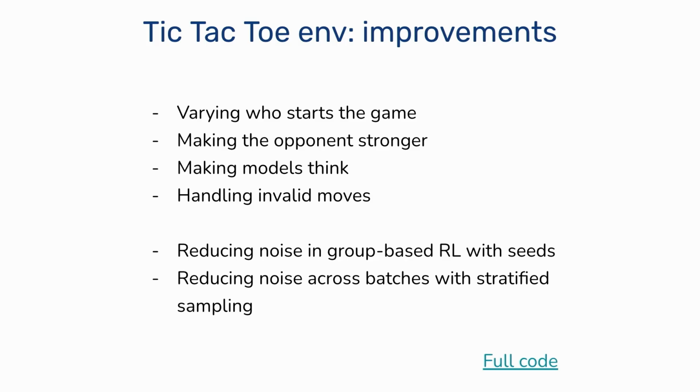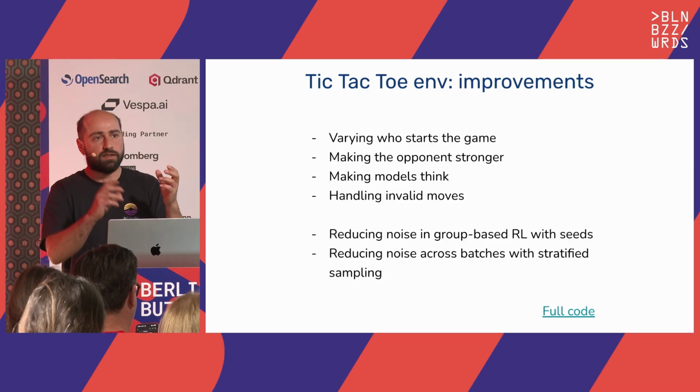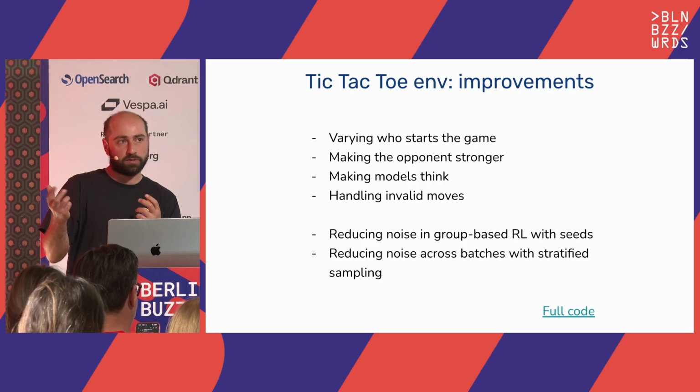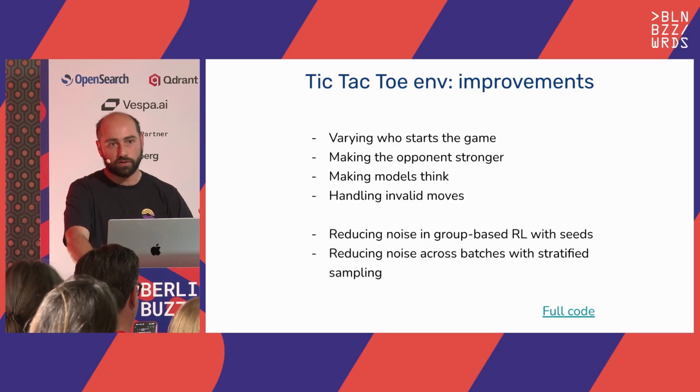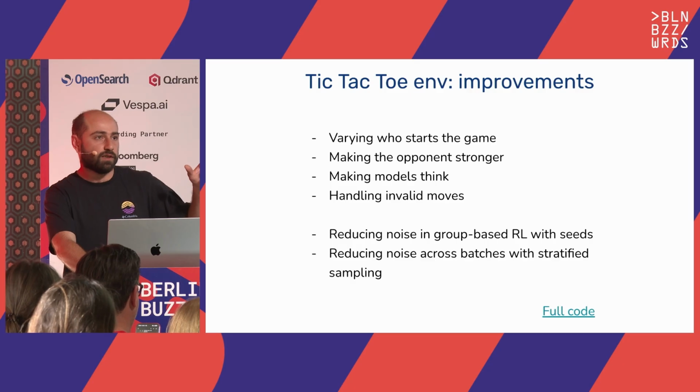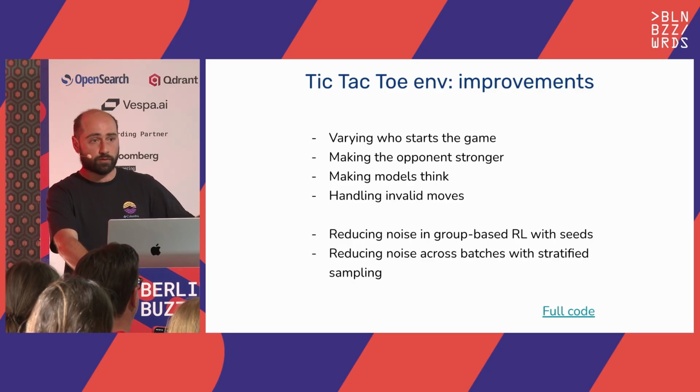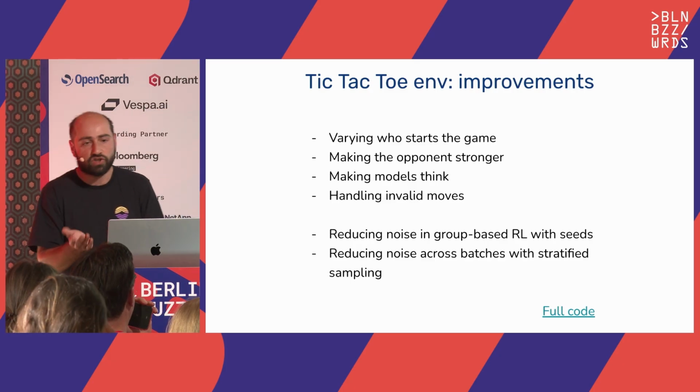Then a quick note about noise. Reinforcement learning is unstable, and so we will use group-based reinforcement learning, meaning that inside a group of, let's say, 8 games, we want to reinforce the best games. So it's important to reduce noise so that the best rewards come from how our model played, not from chance.